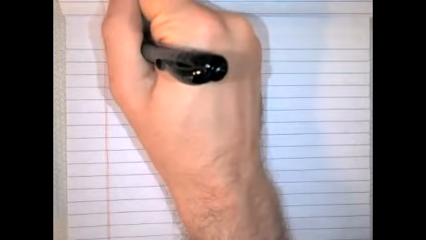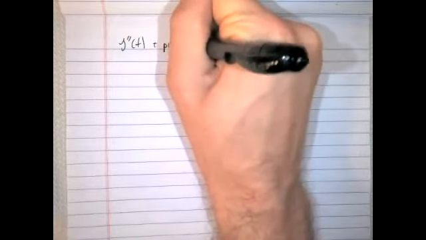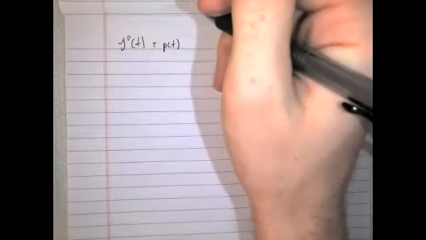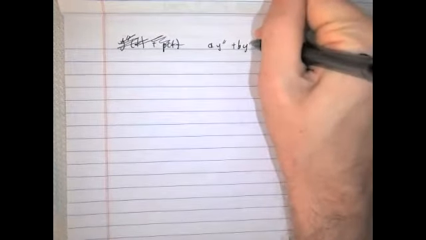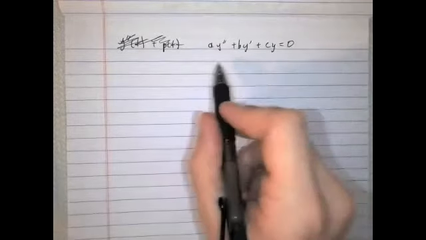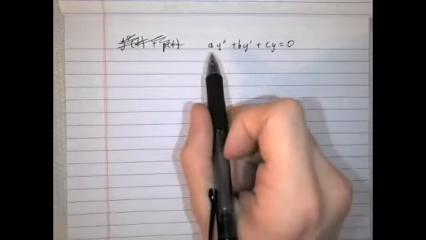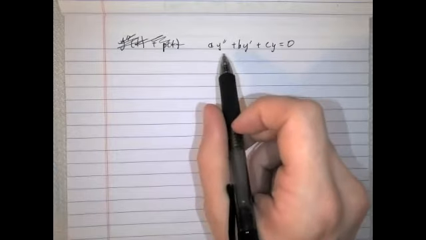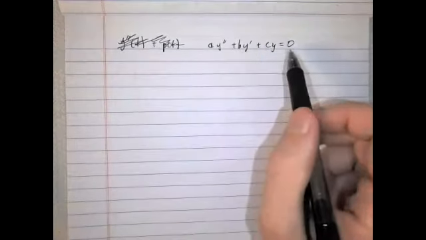Okay. So let's assume that we have a differential equation that looks like y double prime of t plus p of t... well, let me go back to something of this form: a y double prime plus b y prime plus c y is equal to 0. So we're back in the situation that we know and love: constants in front of our y double prime, our y prime, and our y.